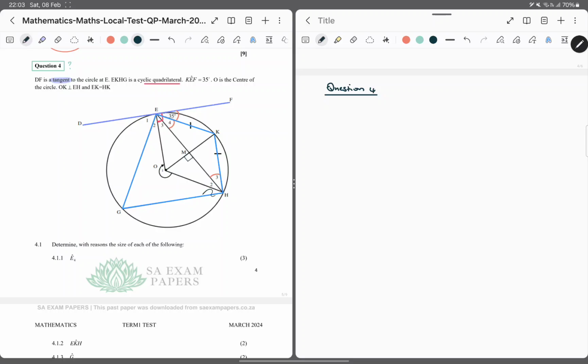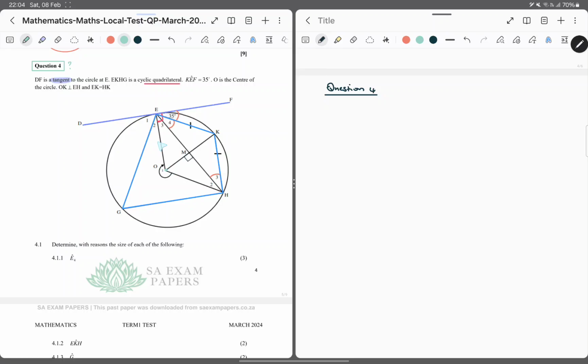Why? Because all the vertices touch the circumference. Great. Okay, we are told KEF, this angle, is 35 degrees. It's already noted. O is the center of the circle. Very important piece to know.